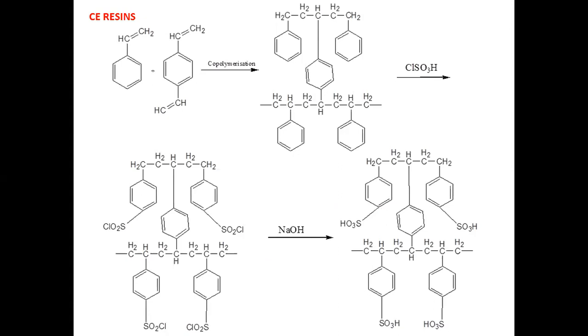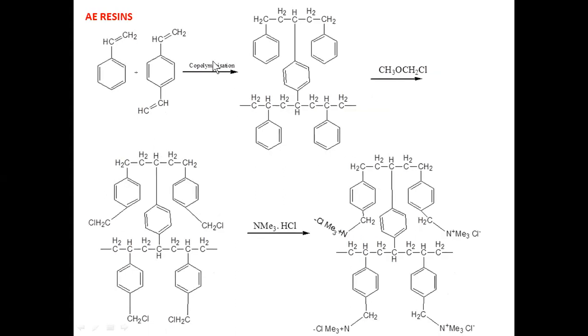Now this is in the cation exchange resin form, where hydrogen ion is the free ion after dissociation. SO3 minus is the ion attached to the polymeric group. So this is the cation exchange resin.